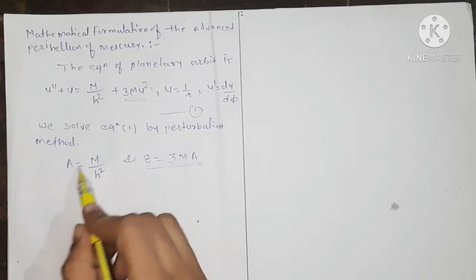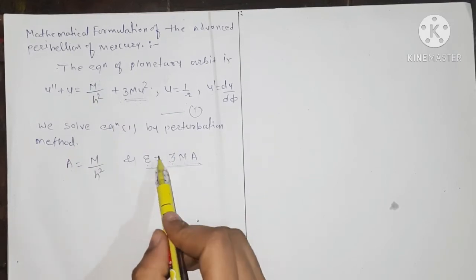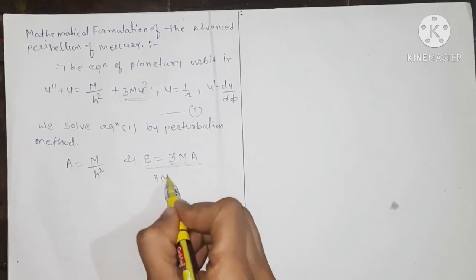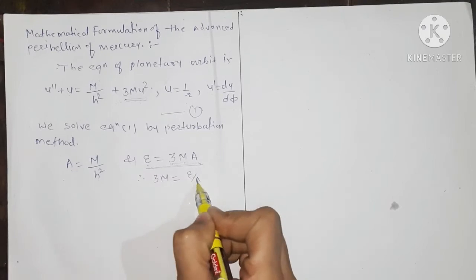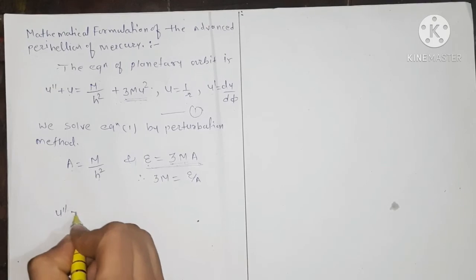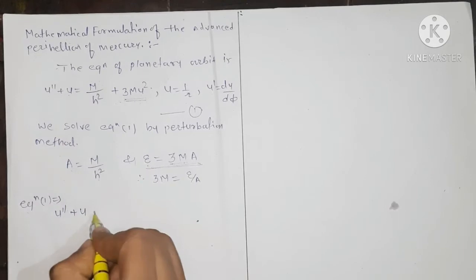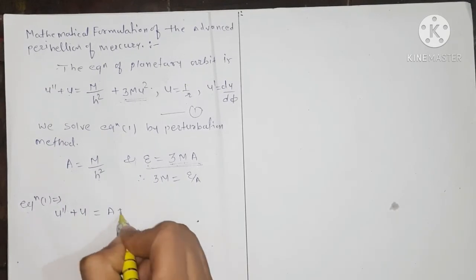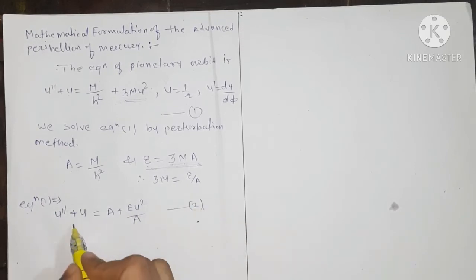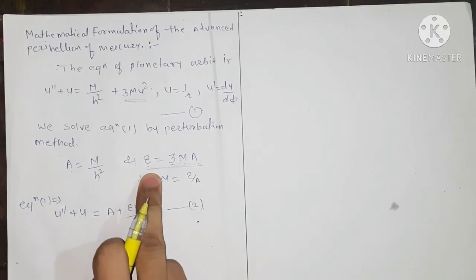We substitute the value of a, that is m upon h square equals a, and therefore 3m equals epsilon upon a. So equation 1 implies u double dash plus u equals a plus epsilon u square upon a. This is equation number 2, where epsilon is a small quantity which is dimensionless, meaning it has no dimension.